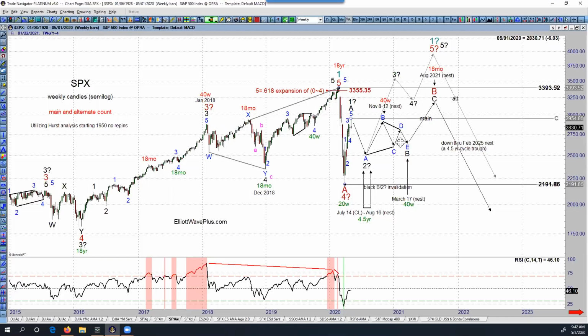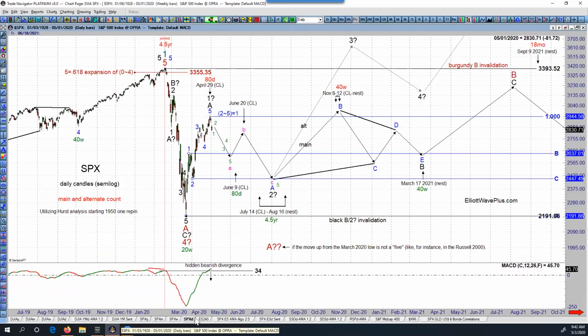And therefore, we might get a sideways move, very similar to what the composite line actually visually looks like that I showed you at the beginning of the webinar. So on the daily chart, I'm expecting a move down next into early June, a rebound into mid-June, and then on down into the July-August timeframe next.